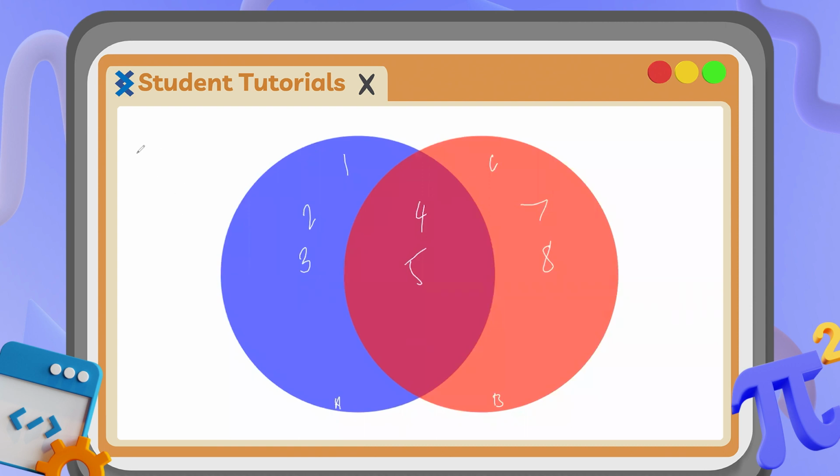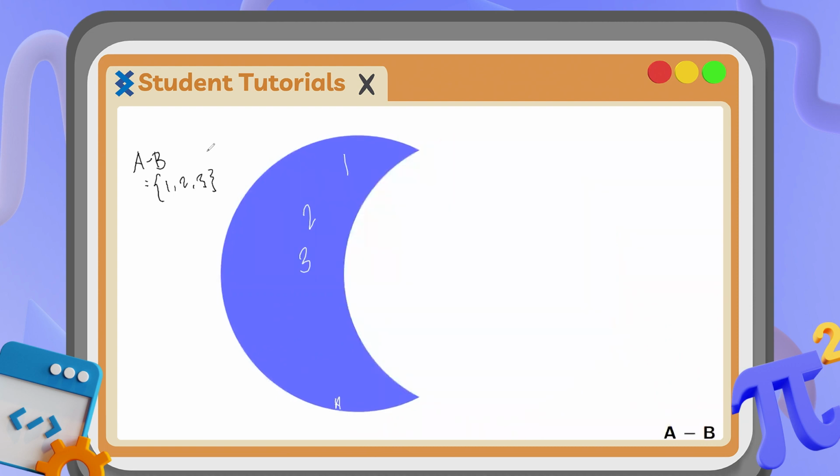If you're looking for A minus B, we take the elements that are in A, which are not in B. 4 and 5 are in A, but they're also part of B, so they won't be included in the set. 6, 7, 8 are part of B, so they won't be part of the difference of A and B. So the answer should be 1, 2, 3, which would be shown over here.